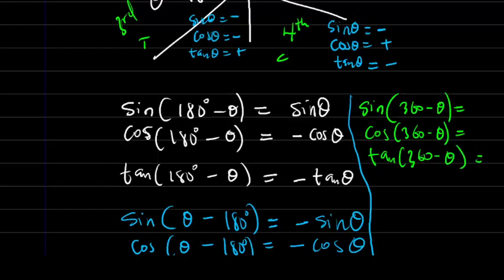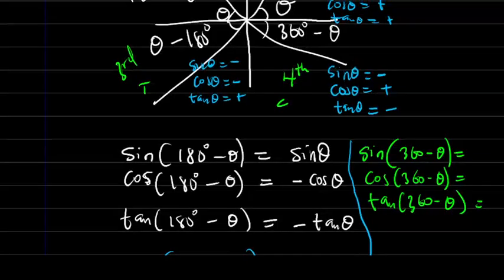And in the fourth quadrant, sine is negative, so we have minus sine theta. Cos is positive, we have cos theta, and then tan is negative, we have minus tan theta.